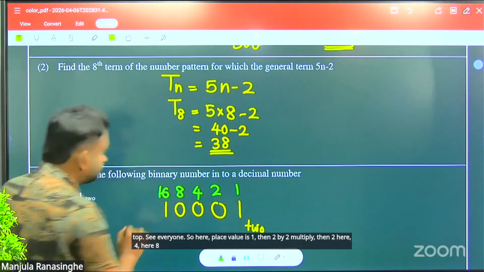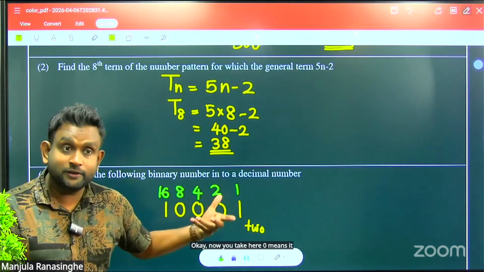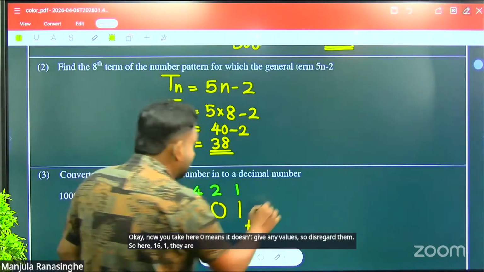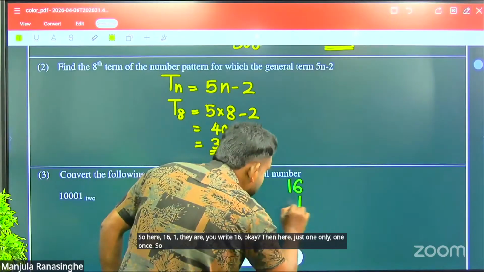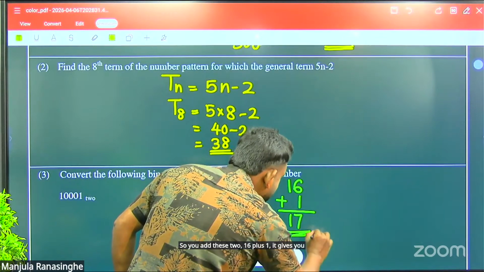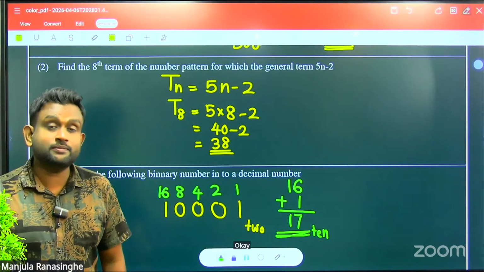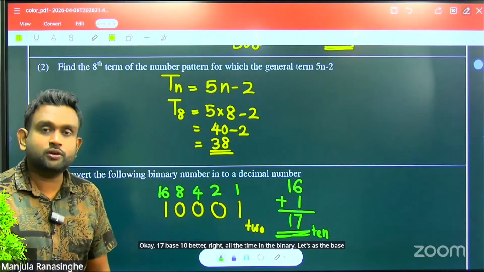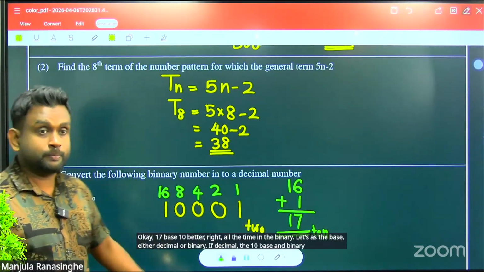Here 16 has a 1, so you write 16. Then here just 1, once, so you have 1. Add these two: 16 plus 1 gives 17. What is the base? The base is 10. So 17 base 10. In binary lessons, always write the base, either decimal or binary. If decimal, base 10, and if binary, base 2.